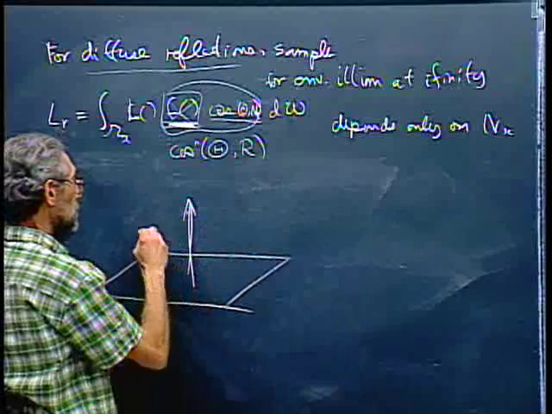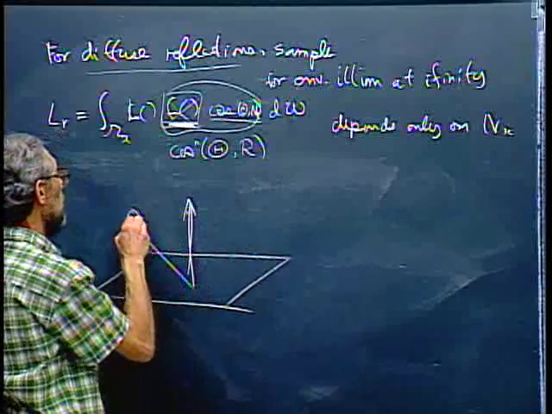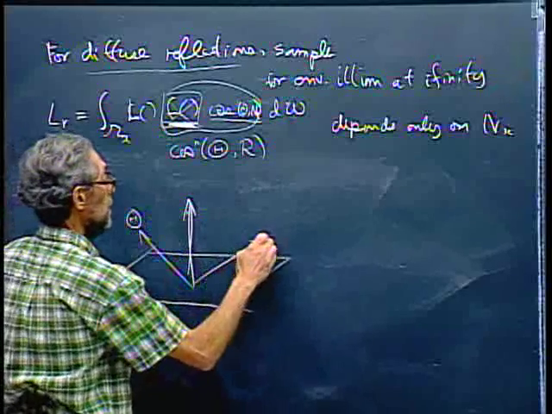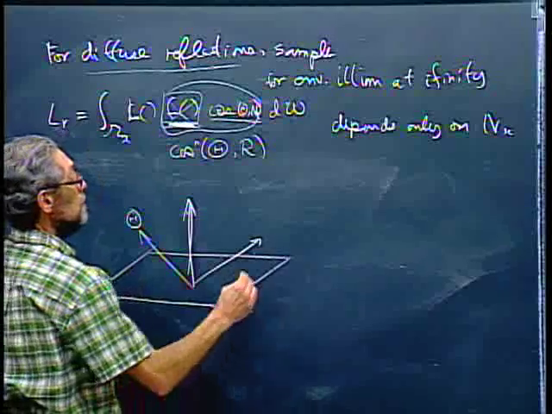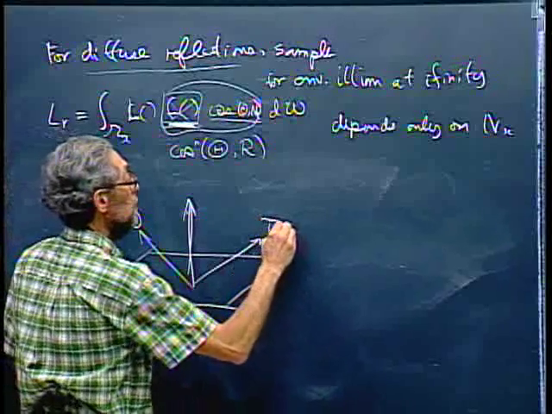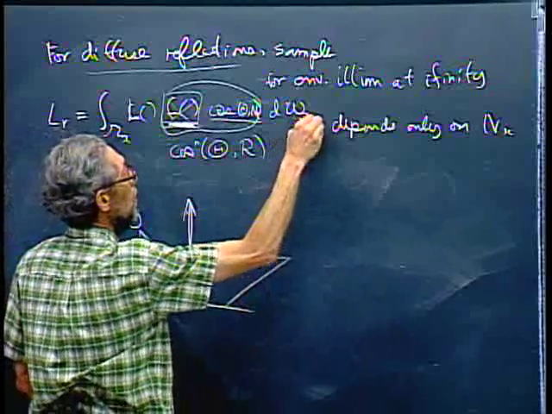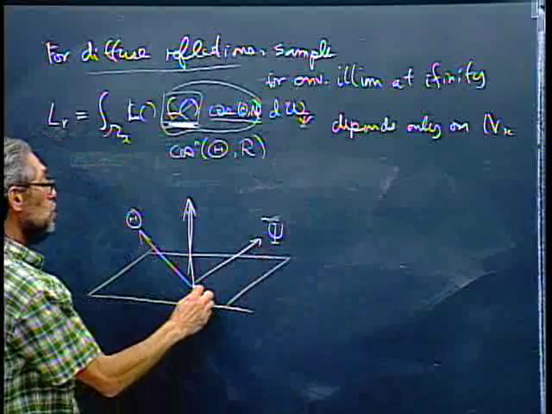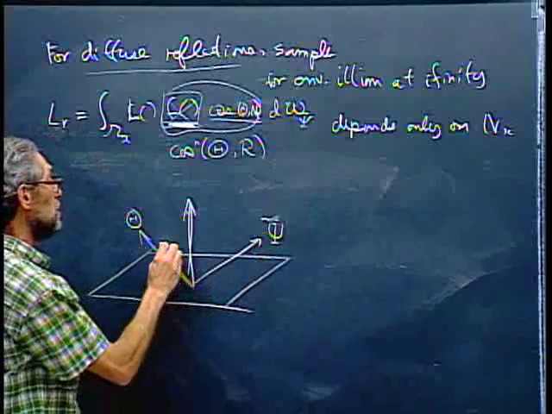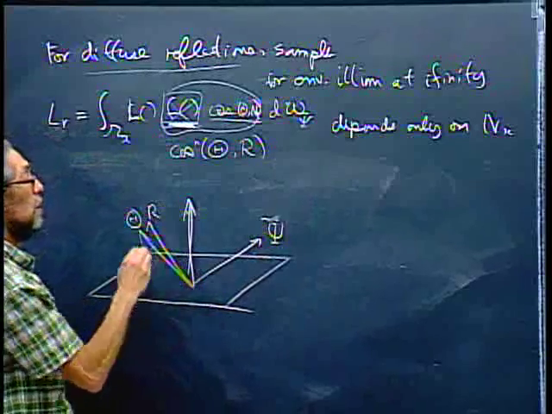So here is the light going to your eye in direction theta. Here is a particular incoming direction. This was over the incoming directions. And what we're going to do is take the perfect mirror direction of that incoming direction, r.